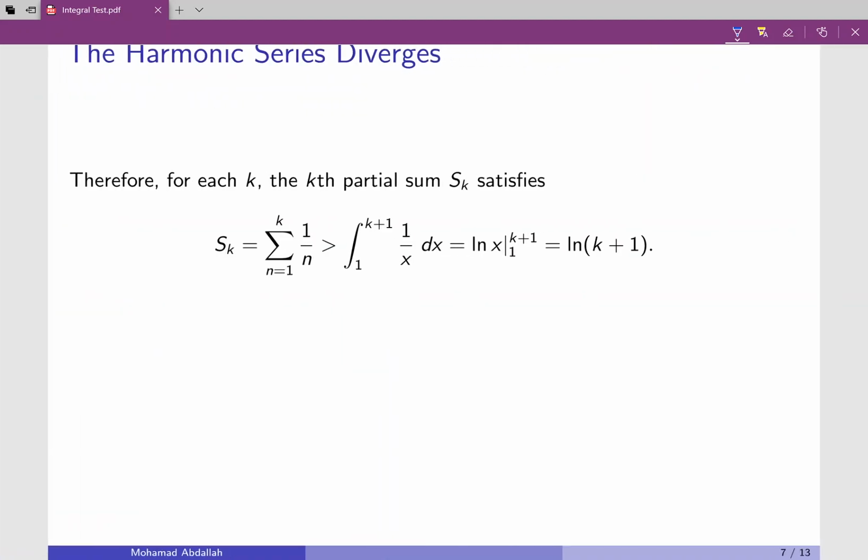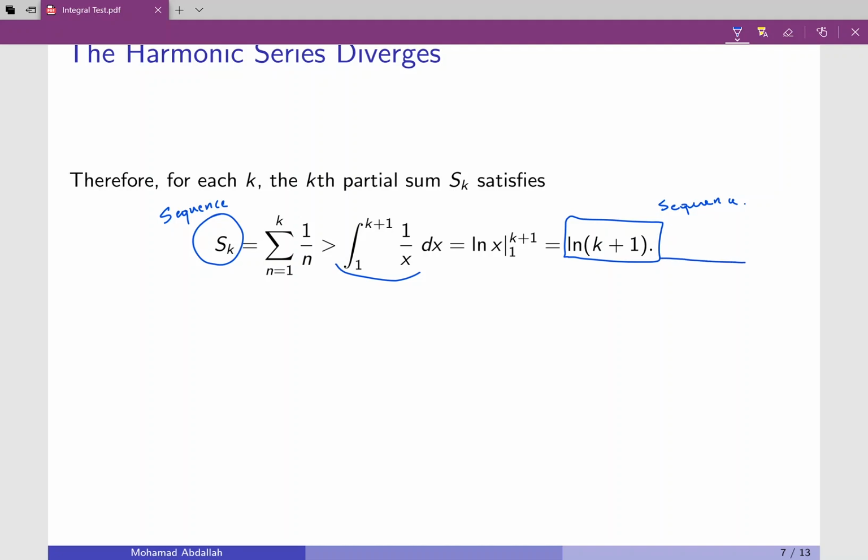Now we know how to evaluate this integral. This integral is equal to ln of k plus 1. Now remember here, we are treating the s sub k's as sequences. So this is a sequence, and actually it's a positive sequence, and that's also a positive sequence. So you have the sequence s sub k is bigger than the sequence ln of k plus 1.